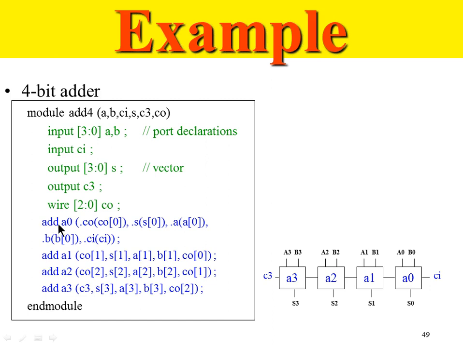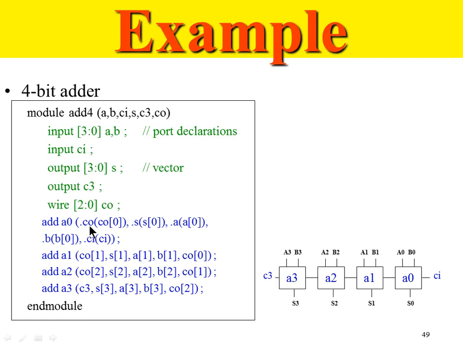Inside that add module, we'll have these ports CO, S, A, B, and CI. So this is getting instantiated one level above in the add4 module, and we are creating this 4-bit adder. I can do this port mapping in this format or this format. This format of port mapping is preferred.